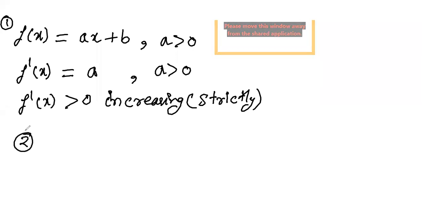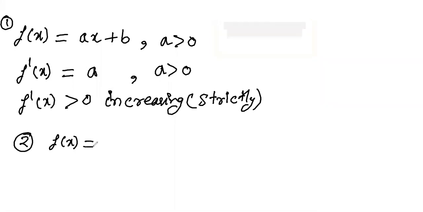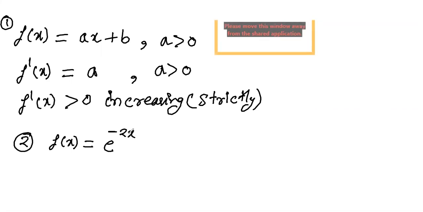Second function: f of x is equal to e raised to minus 2x. So we will find out f dash x. So f dash x is minus 2 into e raised to minus 2x.